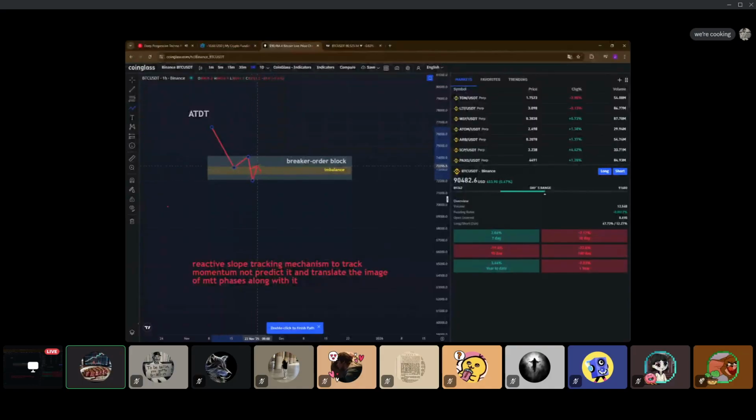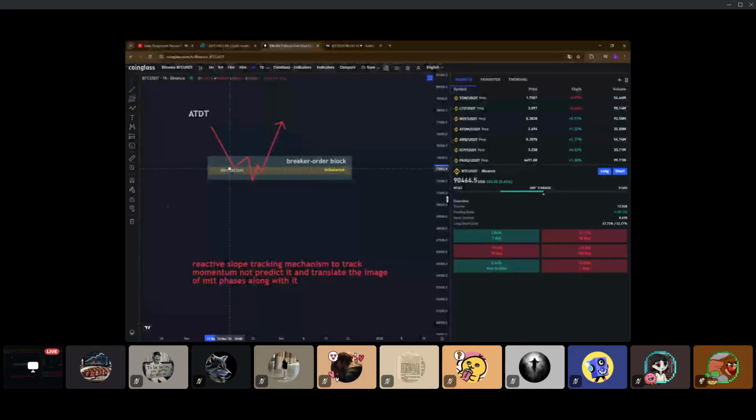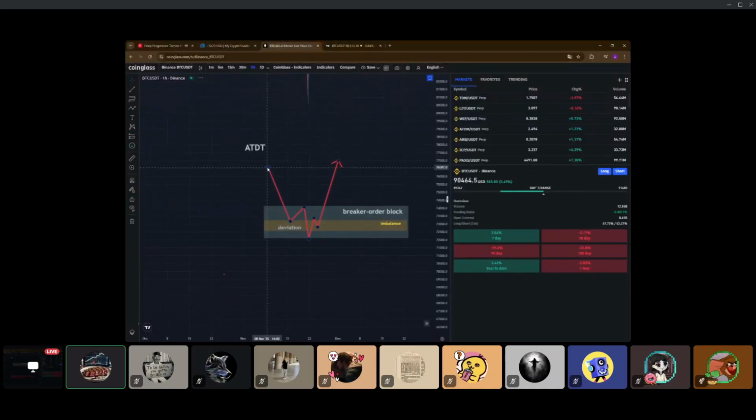A specific entry model would be something like this. You want a deviation. By a deviation, you would want to check on order flow and see that there is no real demand coming in, and this was a deviation removing liquidity.